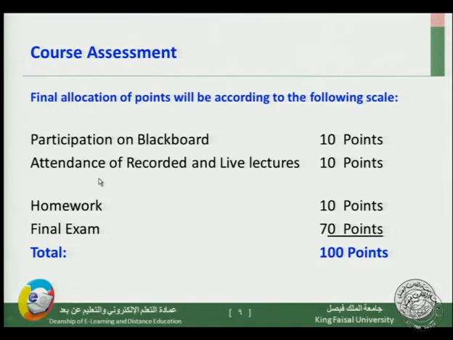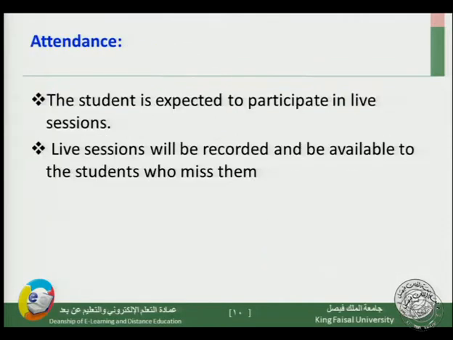Okay, now the assessment, as you know: participation on Blackboard 10 points, attendance of recorded and live lectures 10 points, homework 10 points, and final exam 70 points. So this is the normal procedure for course assessment.